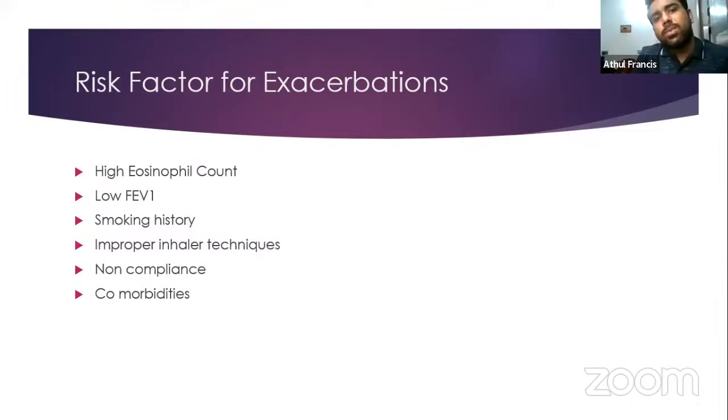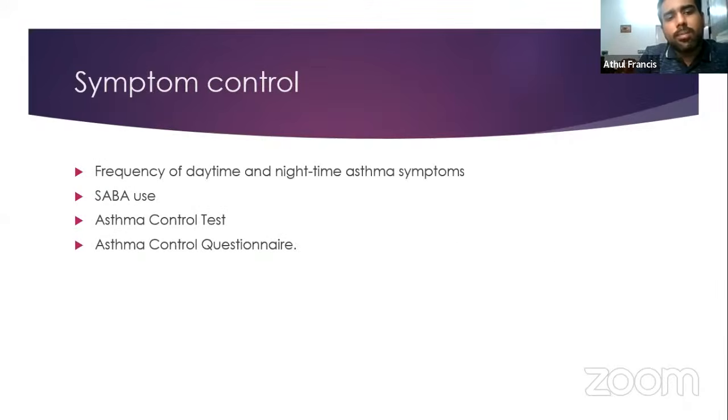Now, you will find on the internet the asthma control test and asthma control questionnaire. All that is just theoretical. There is a set of questions which are to be asked, and depending on the answers, you can give particular points, and then depending on the values, something like 5 to 15 is a poorly controlled asthma in the asthma control questionnaire. And in the asthma control test, anything greater than 1.5 is a poorly controlled asthma.